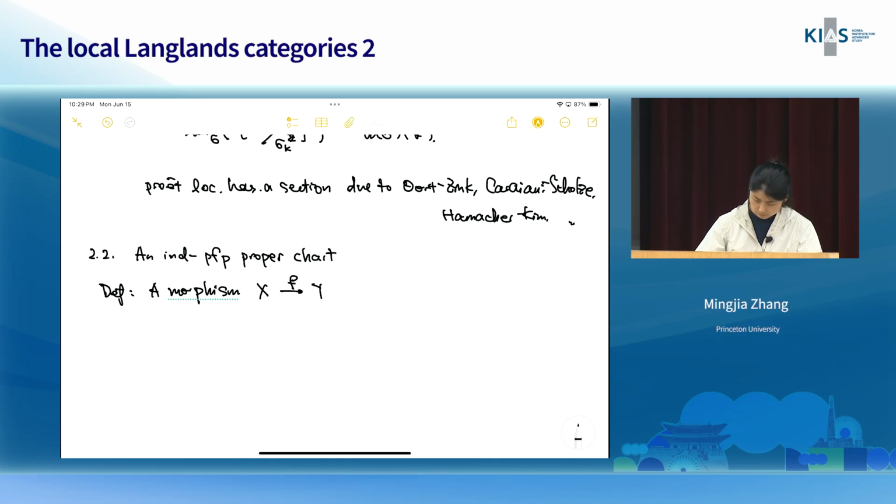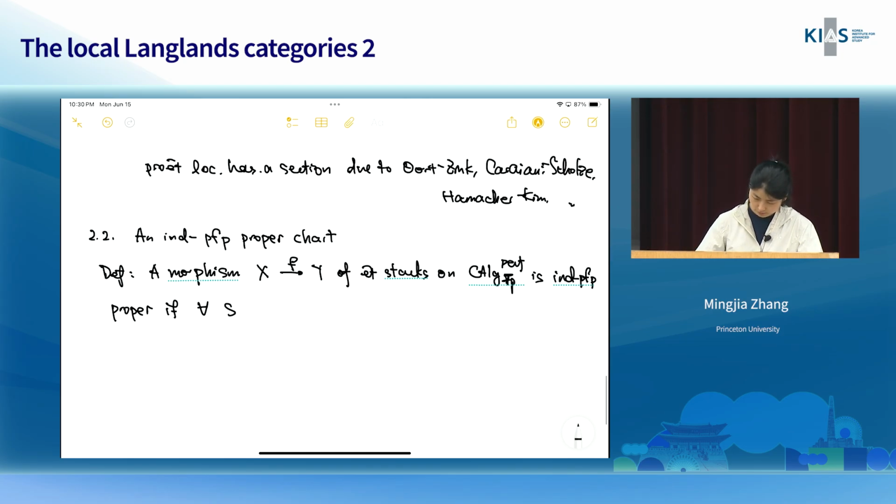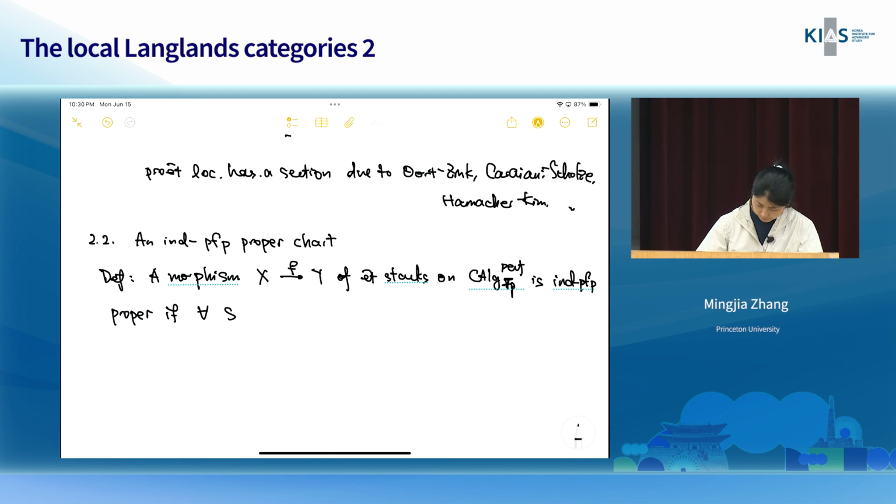A map of étale stacks on perfect F_p-algebras is called ind-pfp proper, or generally other properties, if, for any perfect scheme over Y, its pullback has a presentation as a colimit with nice transition maps, and each thing appearing in the colimit is a proper map over the base.